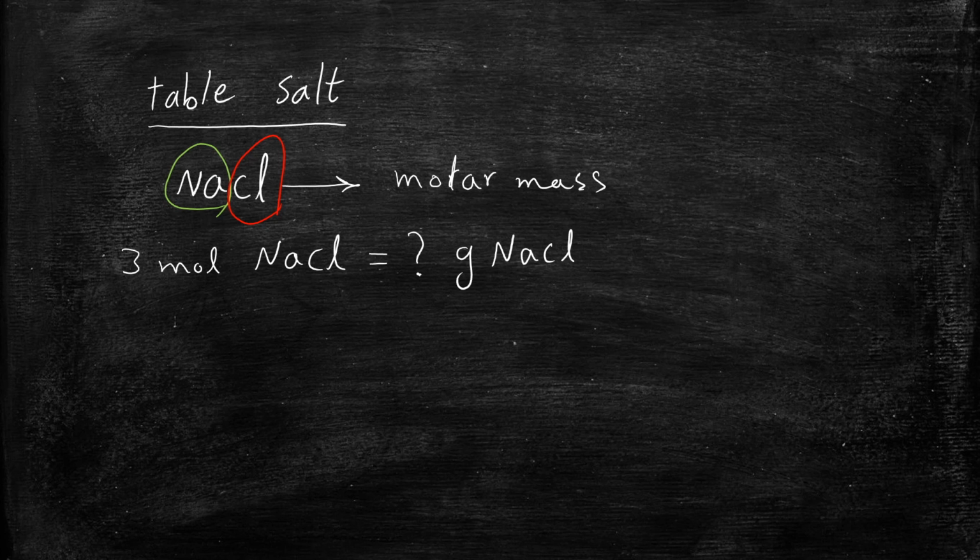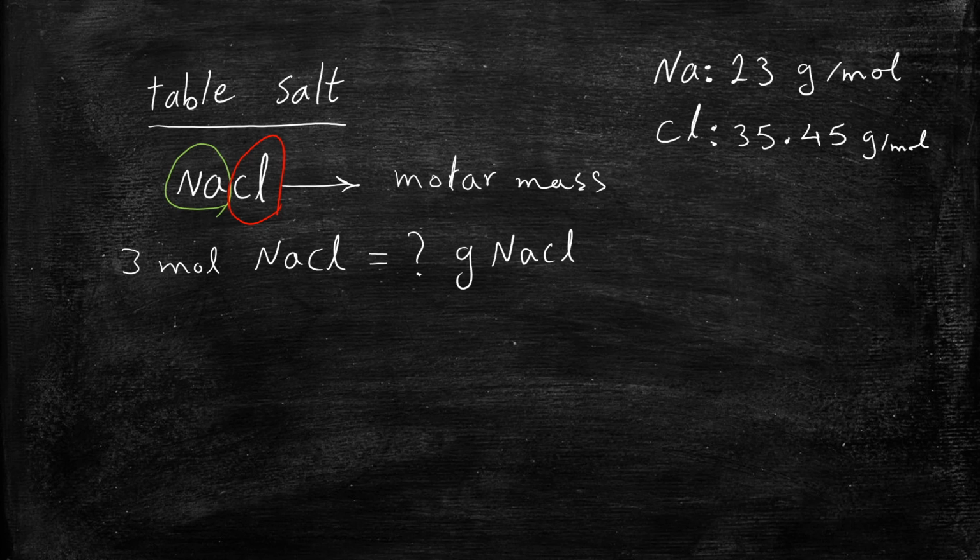If you look at the periodic table for sodium, you will find its molar mass is almost 23 grams per mole. Sometimes it's listed as 22.99, but we would say roughly 23. It's okay. And then chlorine, you will see it's 35.45 grams per mole. Nice.